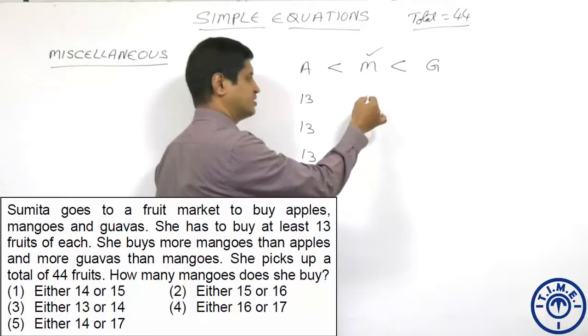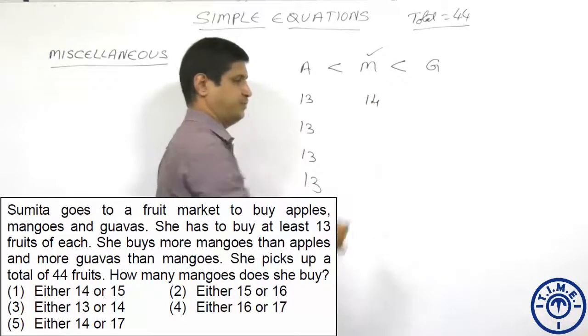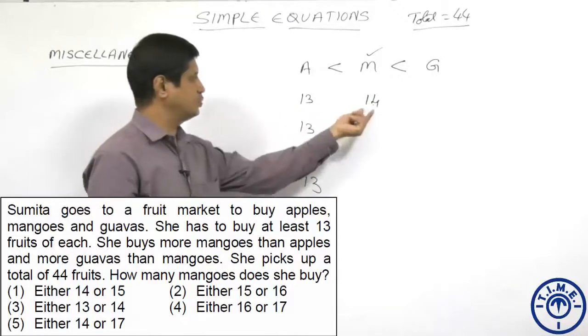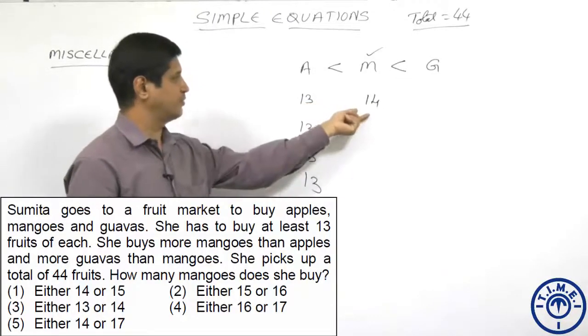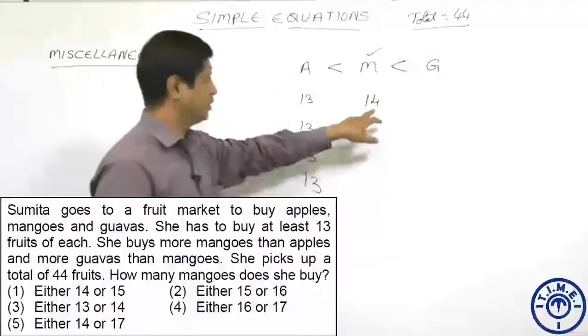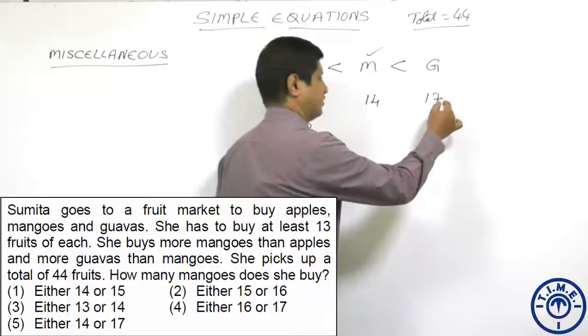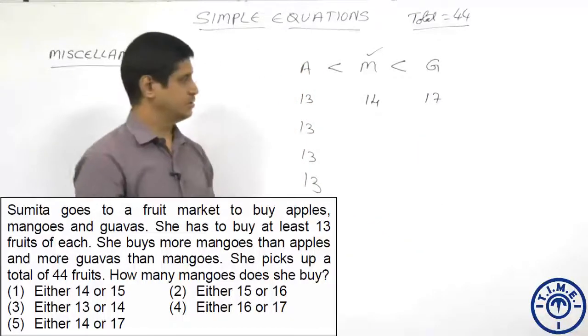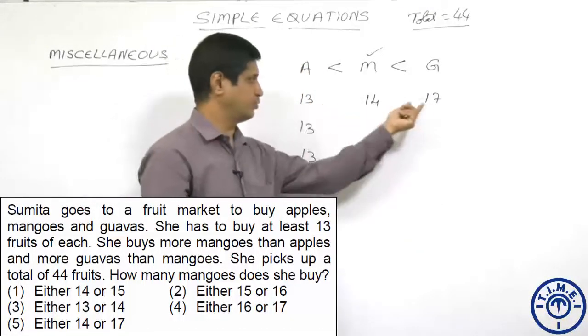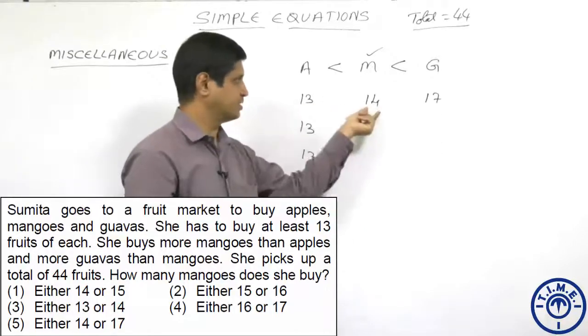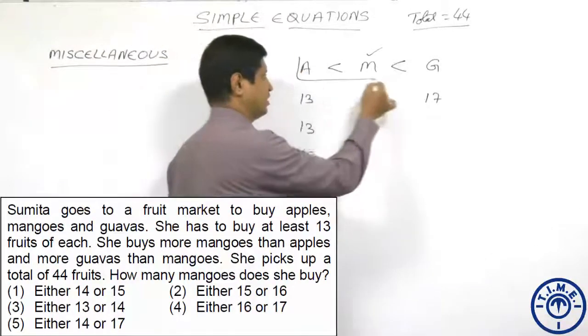The mango is just more than 13, it is 14. Now, the sum of these two is 27. Subtract from the total, 44 minus 27, the result is 17. The sum of these numbers is 44.